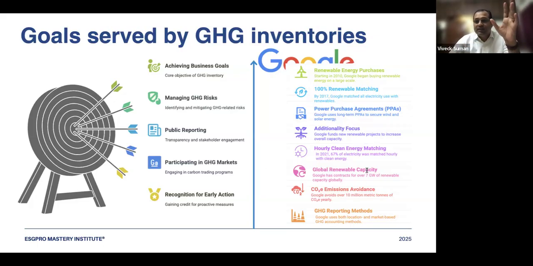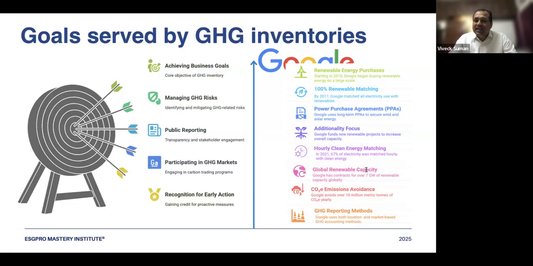Now, Google started in 2010, where they promised themselves that they will be net zero on scope 2 emission. That was their first promise in 2010. Scope 2 emission is energy emission, right?